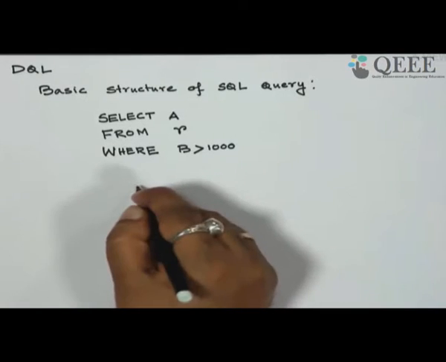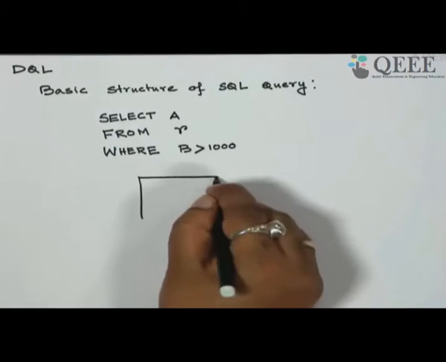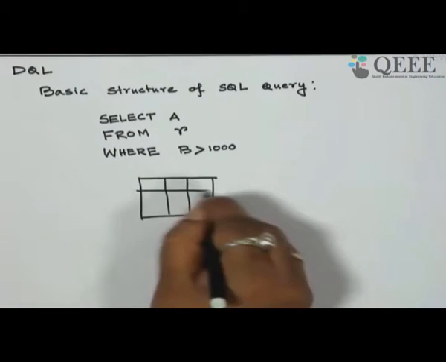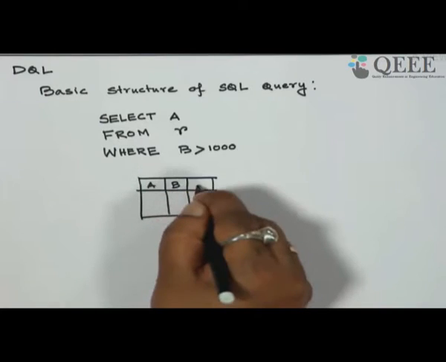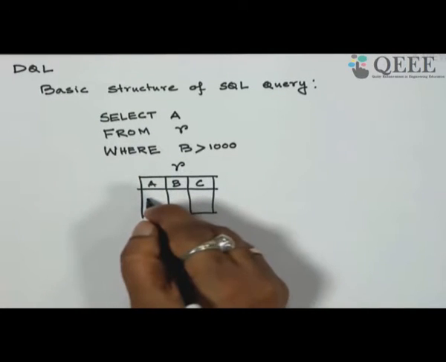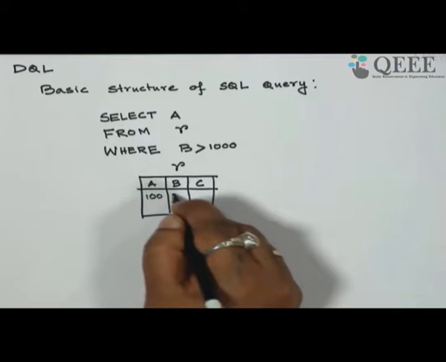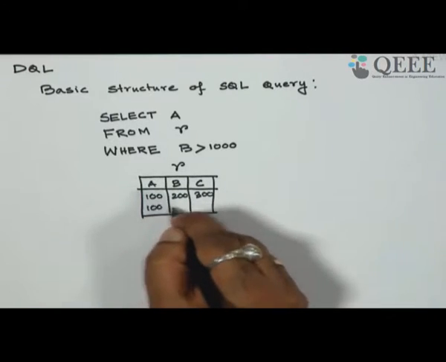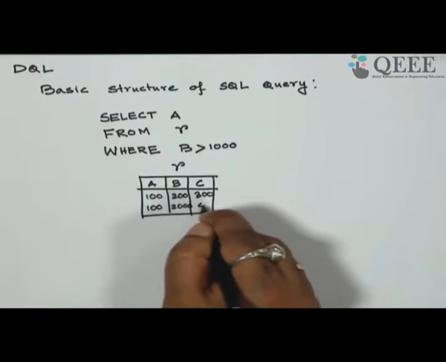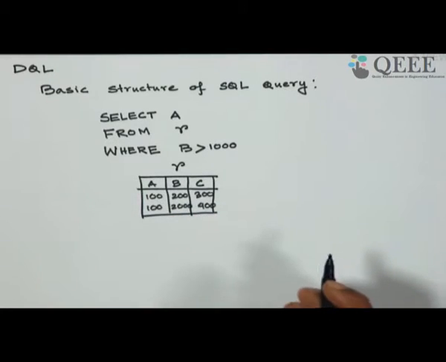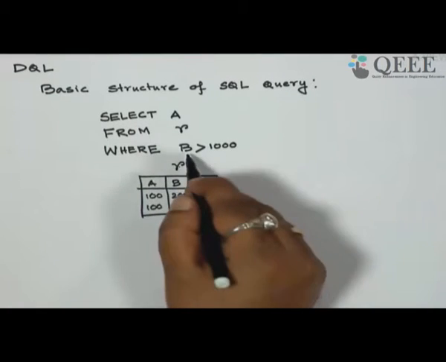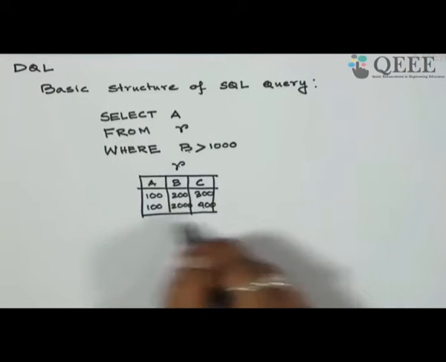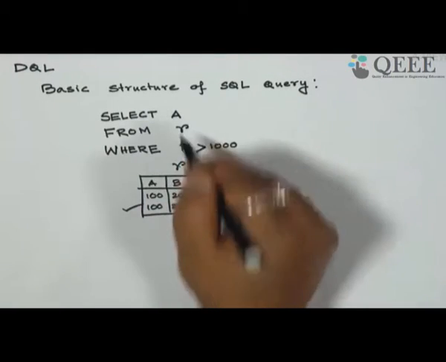So only three lines. What will it do? If I have a table R like this, which contains, let's say, 100, 200, 300, 100, 2000, 400. Take the table R, pick up all the rows where B is greater than 1000, in this case only this row, and project it to A.